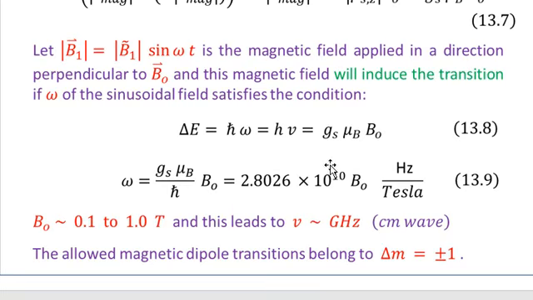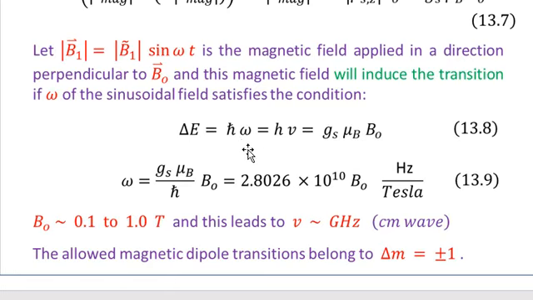Now what we are going to do is apply another external magnetic field, B1, which has a sinusoidal form with frequency omega, applied in a direction perpendicular to B naught. This magnetic field will induce a transition if omega of the sinusoidal field satisfies the condition that the energy gap delta E between the two levels is equal to h bar omega.